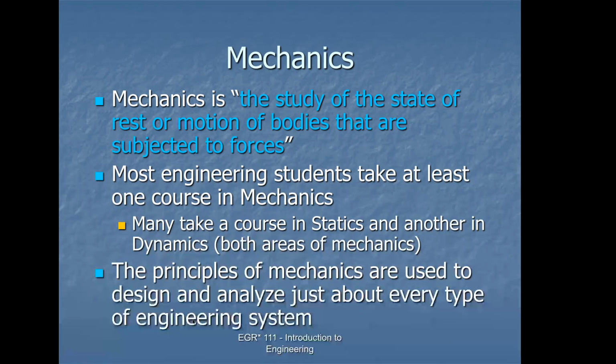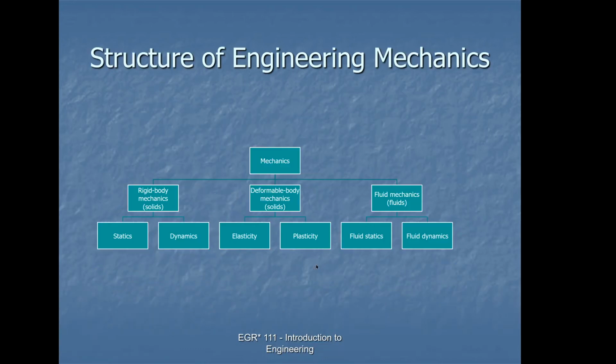The principles of mechanics are used to design and analyze about every kind of engineering system. For some physical system, we have to know something about its motion, or the forces acting on it and how that impacts its motion, if there is motion or not, or if there's acceleration.